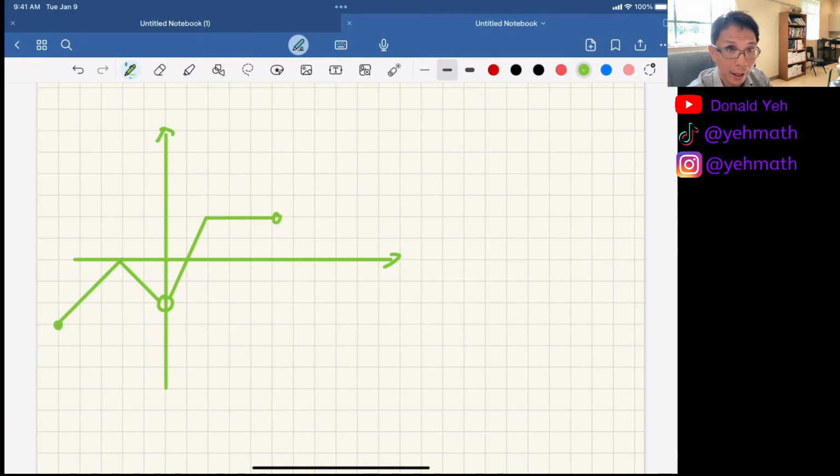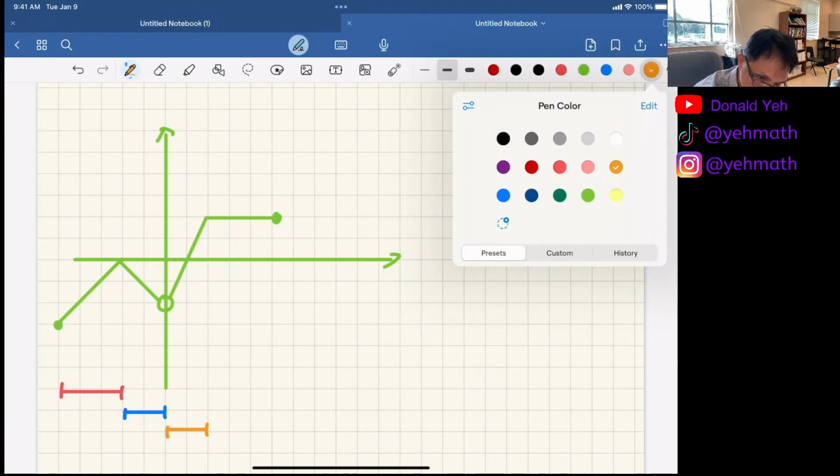Okay, so I have a question like this. From here to here, it's going to be one function. From here to here, it's going to be the second function. From here to here is the third function.